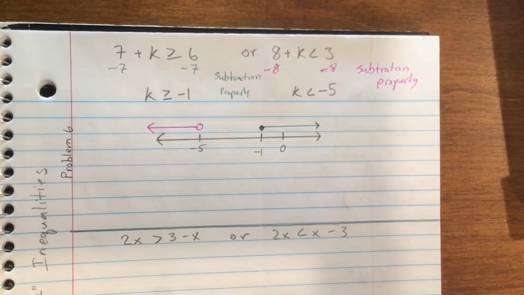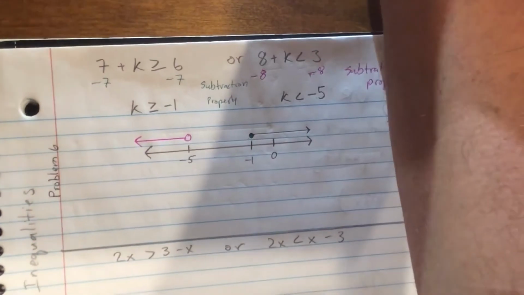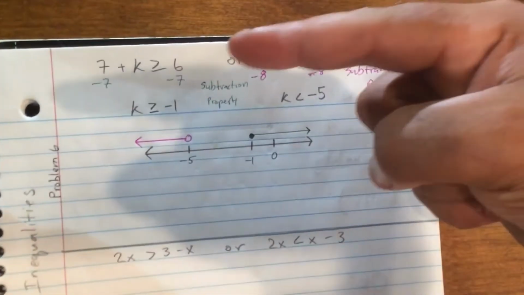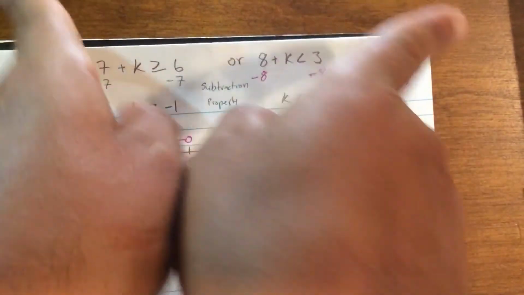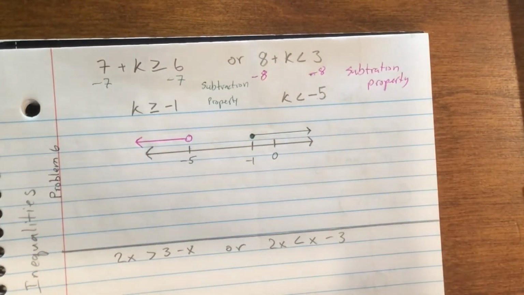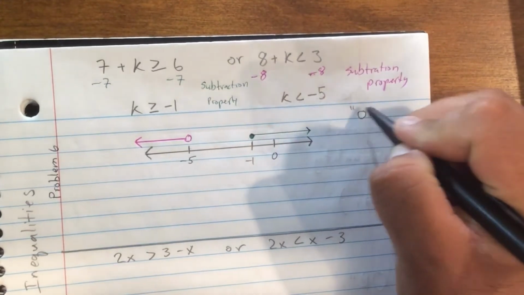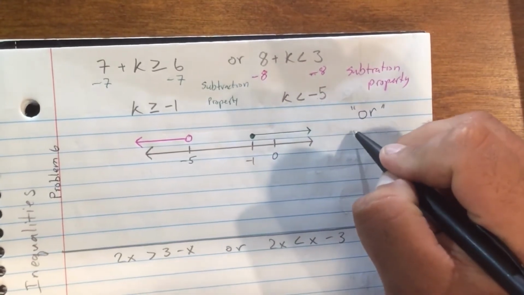So it's going to be one or the other. Just like and was like this, or is now facing outwards. You can't really see, but they're facing outwards. So I'll draw a little picture to show you what it looks like, just over here. When you have an or, it faces outwards.